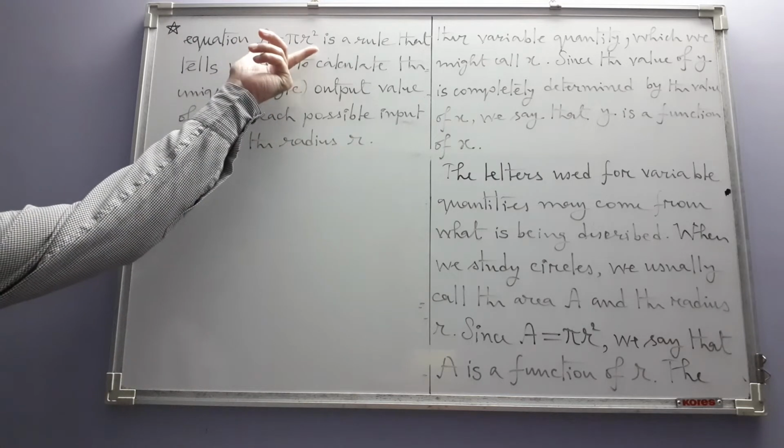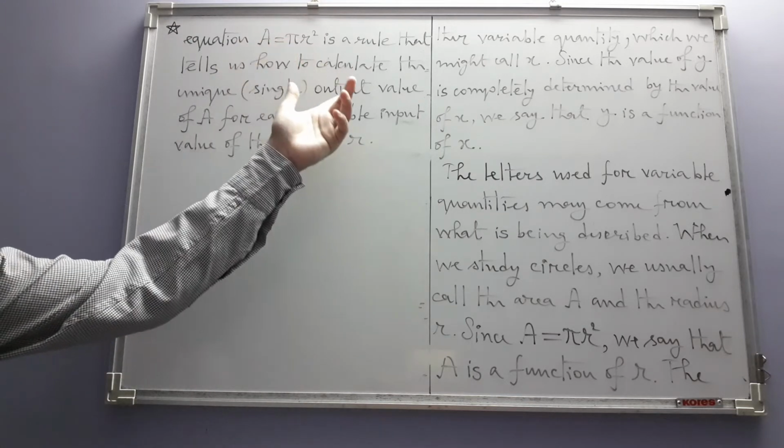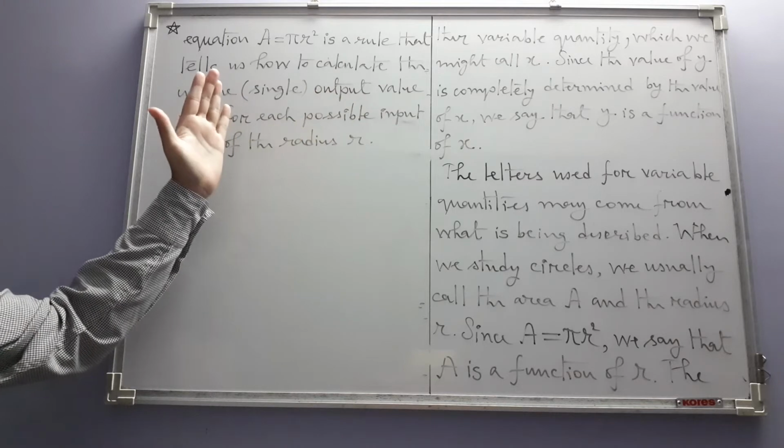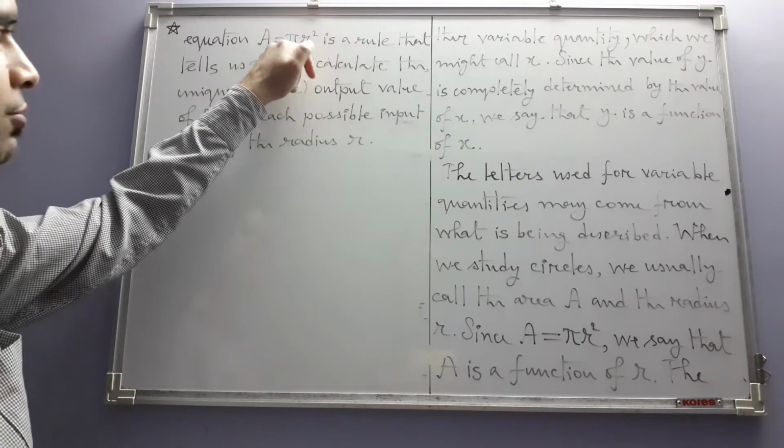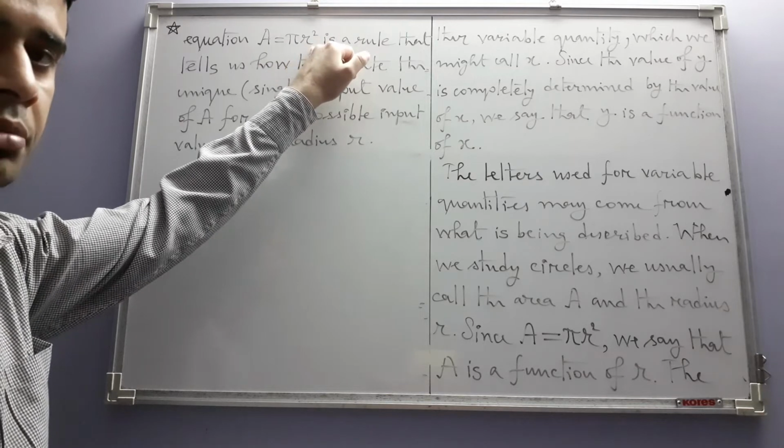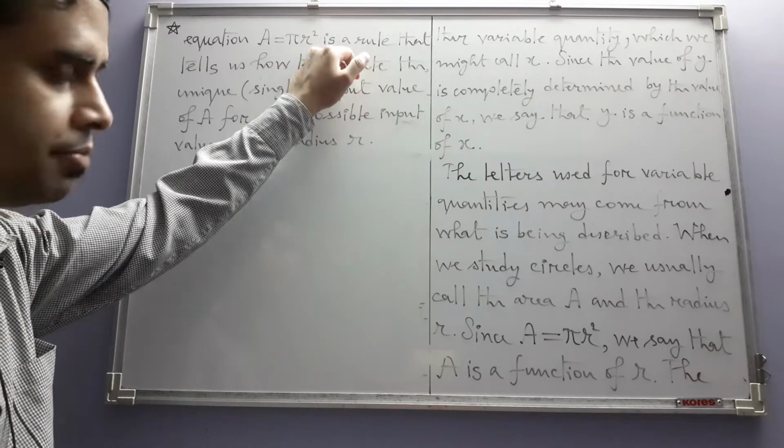So the formula linking a and r tells us exactly what value of a we will get for a given value of the independent variable r.